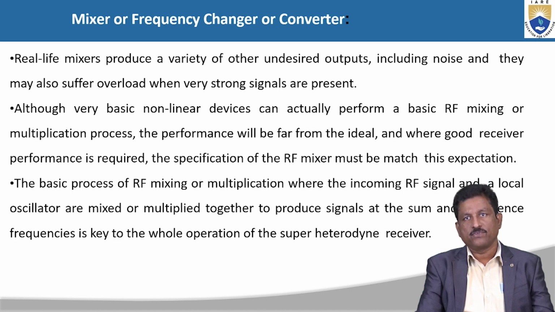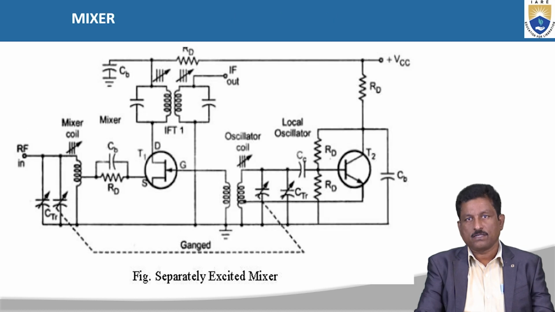It is also known as a frequency changer, changing the high radio frequency range to the IF value, and also as a converter. So mixer, frequency changer, or converter, this is the mixing operation.